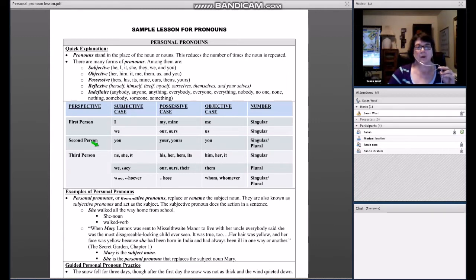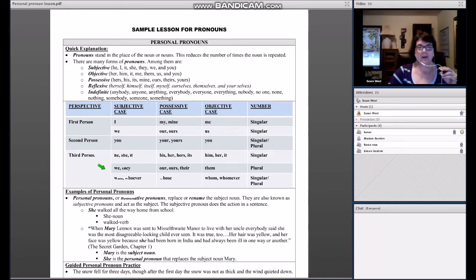You, your, yours, and you. You can be singular or plural, and your or yours can be singular or plural. He, she, and it. His, her, hers, and its. Him, her, and it are all referring to singulars, either singular objects or singular people.